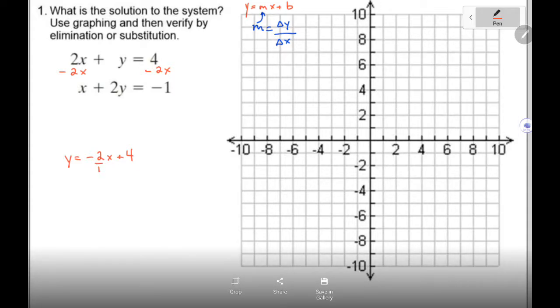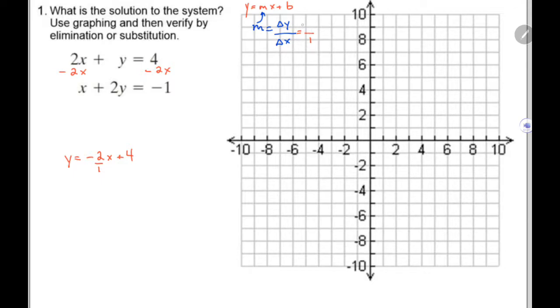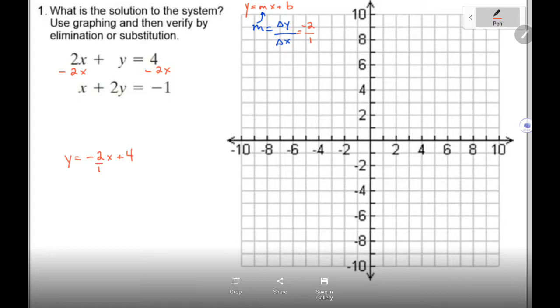Okay, so for every step to the right, we always go from left to right with our graphs. For every one step to the right we take, that's the number on the bottom, the change in x would be 1, and the change in y would be negative 2 for this first one here.